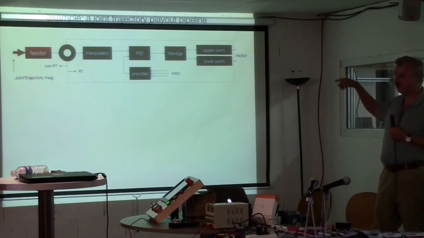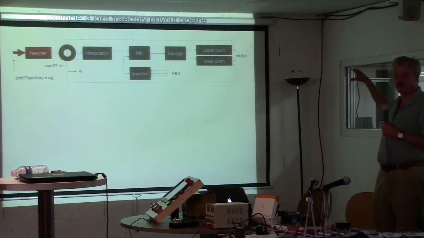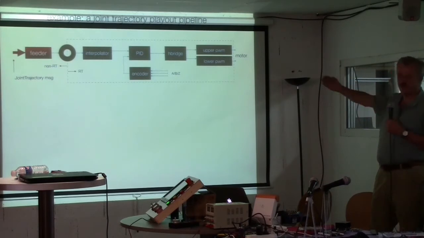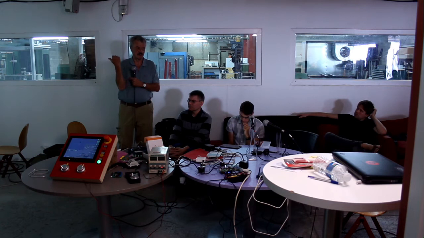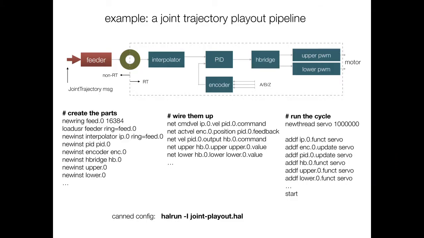You have a PID loop which controls the hardware stages, that might be an H-bridge and PWM stages, which actually drive the motors at the end. And you have a feedback, maybe a quadrature encoder, which gives you the actual position of the joint. That's basic control theory, though I don't think we have to expand on that. That's just the logic. So you create equidistant samples, you feed it into the servo loop, and off you go. There isn't much more than that to it.